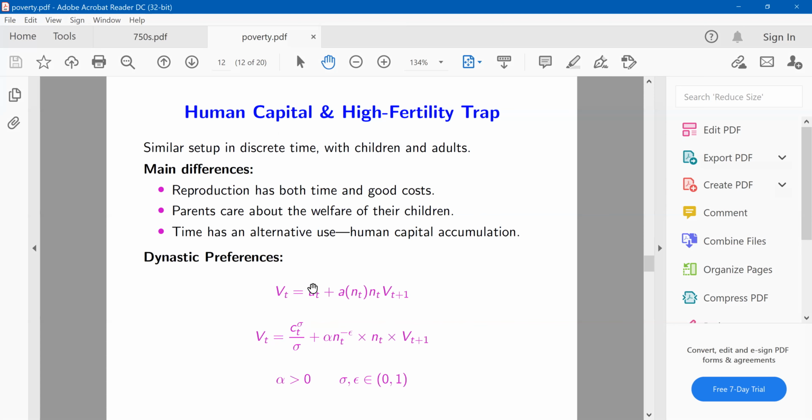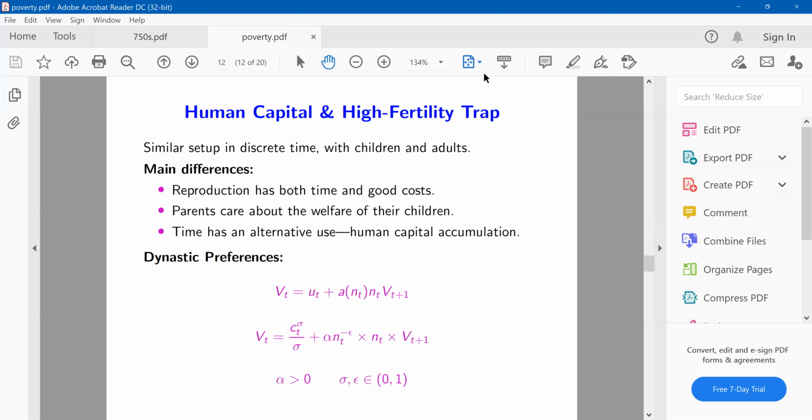That depends on period utility, obviously, u_t. So there's this period utility you obtain from consumption, as in the earlier model. And there is also this dynastic component. Why is it there? Because in the next generation, the kids will have some welfare level, and that welfare level is important for the welfare of the parent.